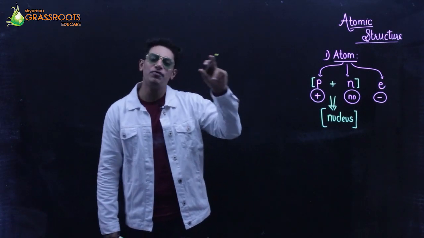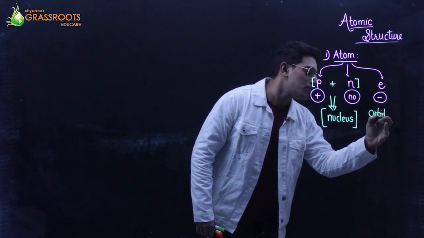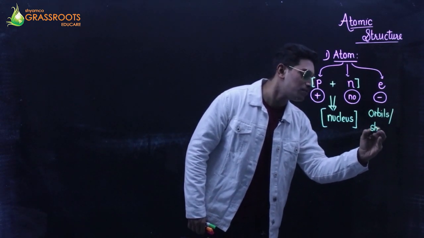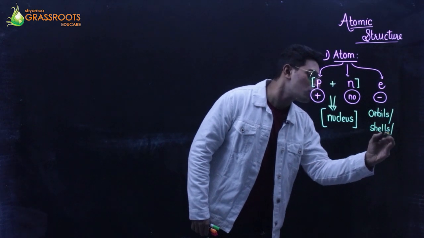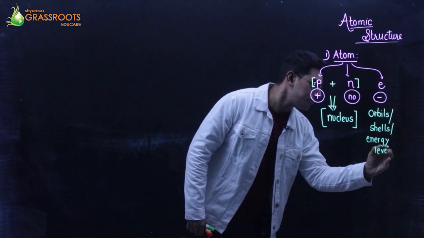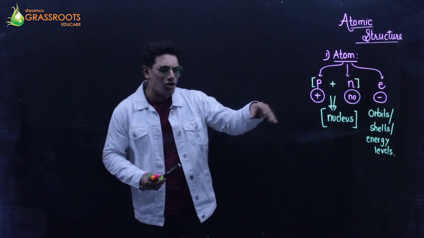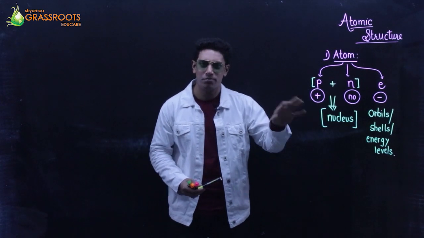Electrons revolve in orbits. Orbits are also called shells. They are also called energy levels. And electrons are not randomly distributed in the orbit. Nope.